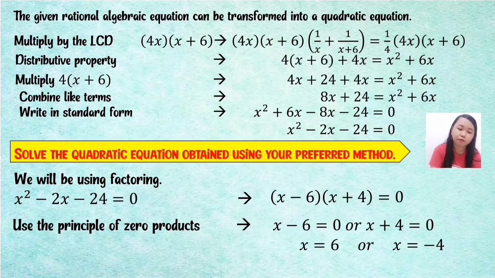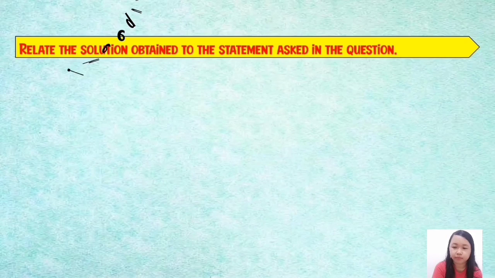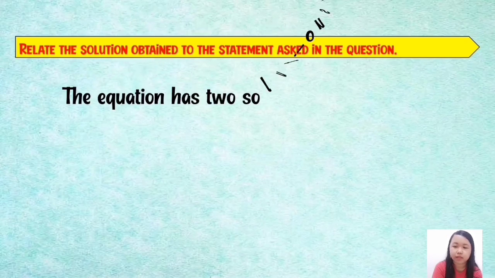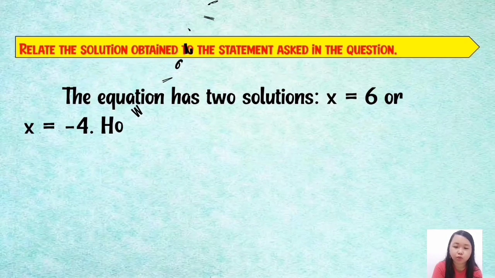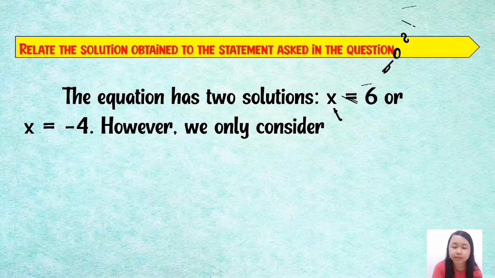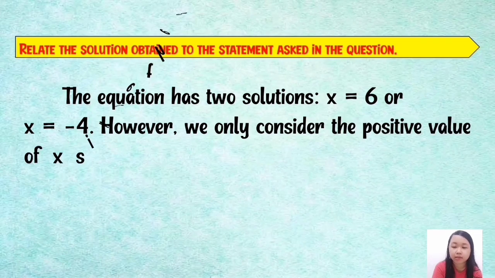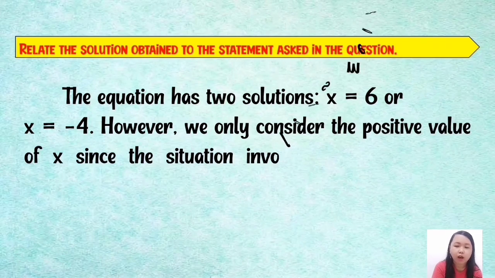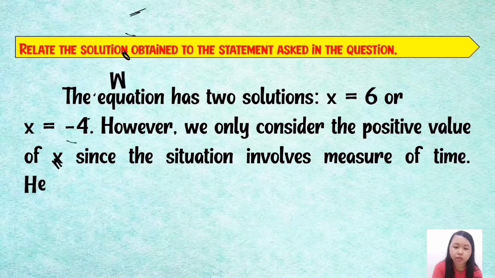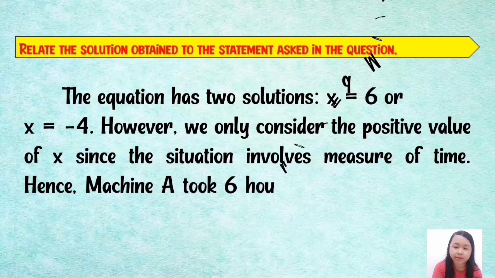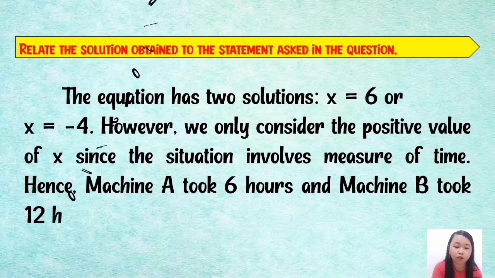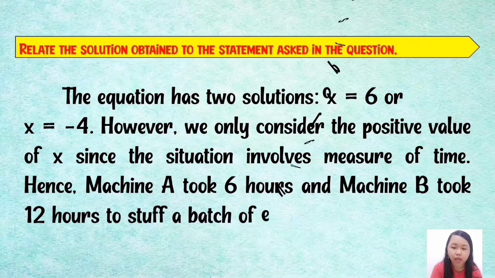Transpose positive 4, so the answer is x equals negative 4. The equation has two solutions: x is equal to 6 or x equals negative 4. However, we only consider the positive value of x since the situation involves measure of time.